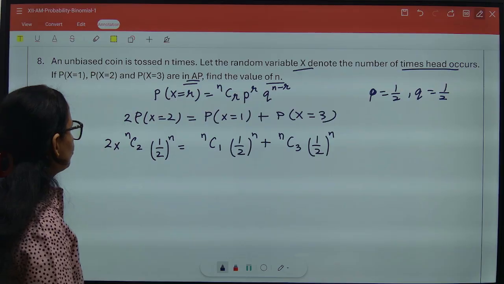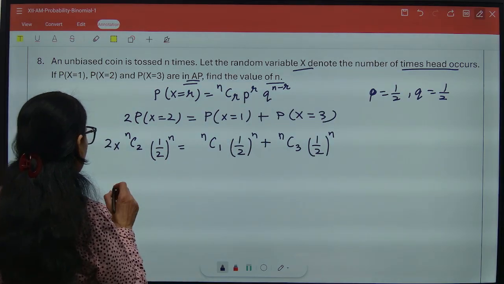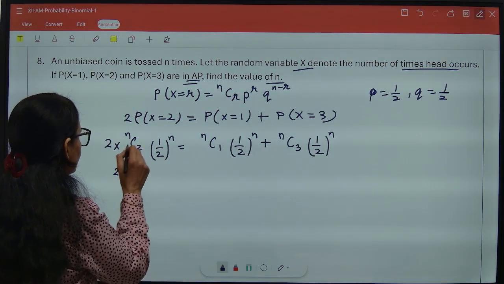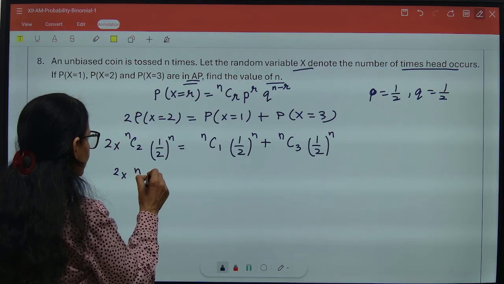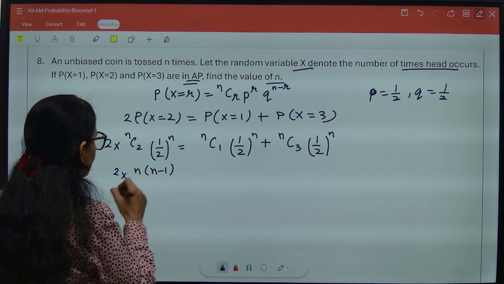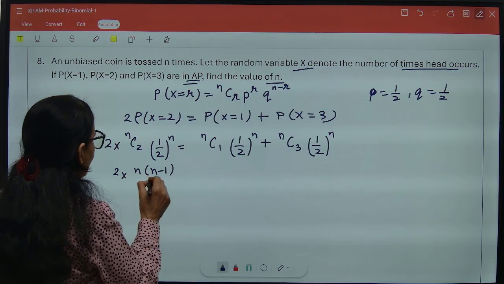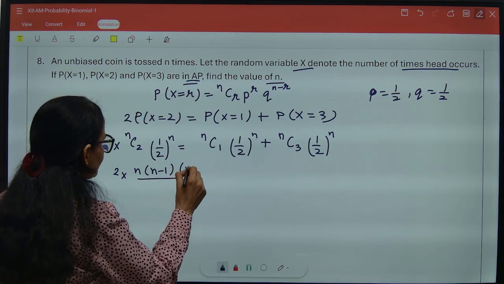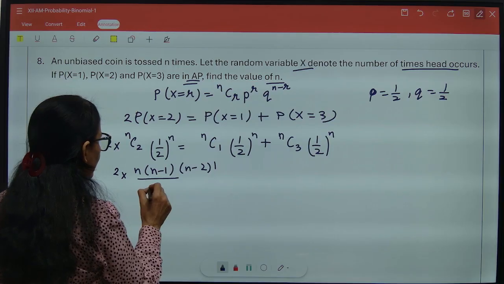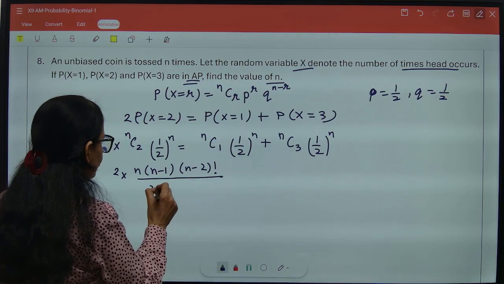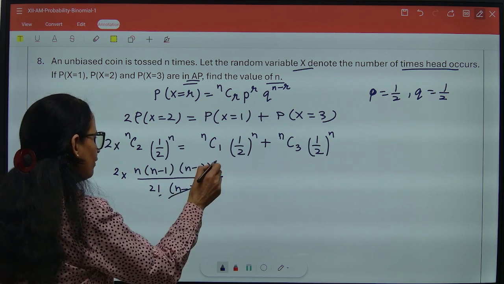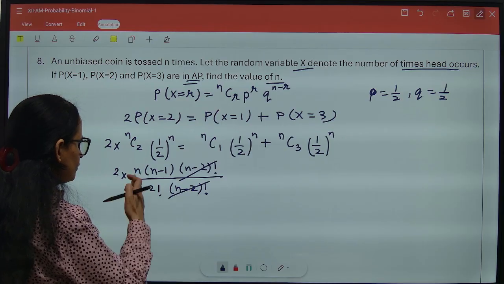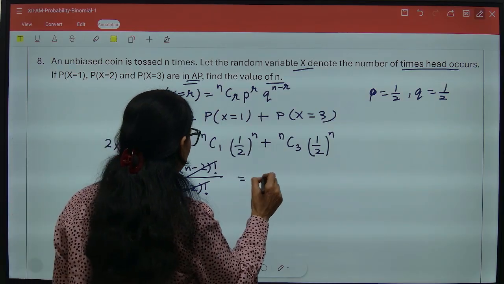So now 1 by 2 to the power n gets cancelled throughout and we have 2 into NC2. How much is NC2? NC2 means n into n minus 1 into n minus 2 factorial upon 2 factorial into n minus 2 factorial. So here this n minus 2 factorial gets cancelled. So this is NC2. What is NC1?